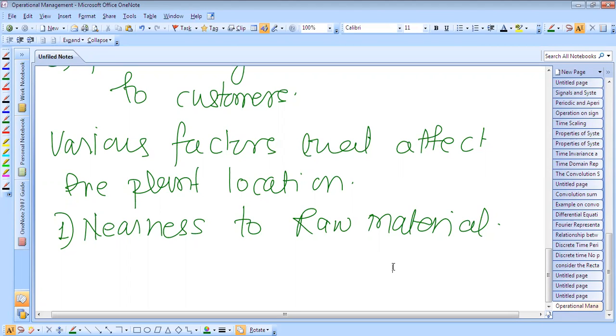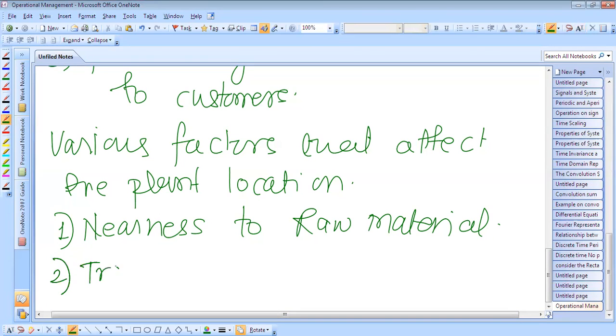Suppose you bring that raw material from a very long distance. So a plant which loses a good amount of weight during processing must be located close to the source of raw materials. So this is the first factor we consider that will affect the plant location.